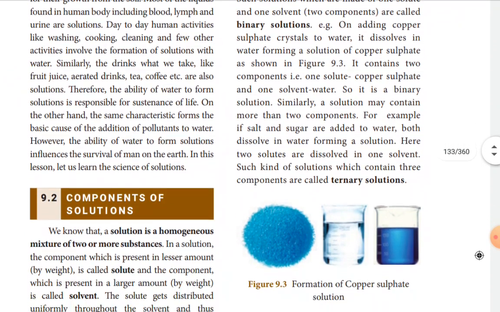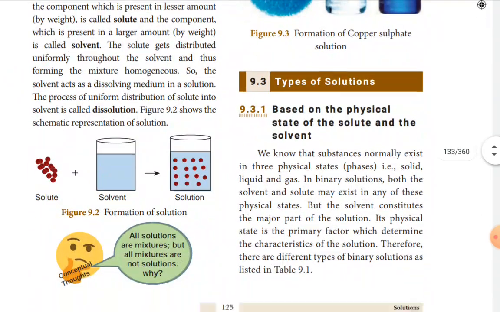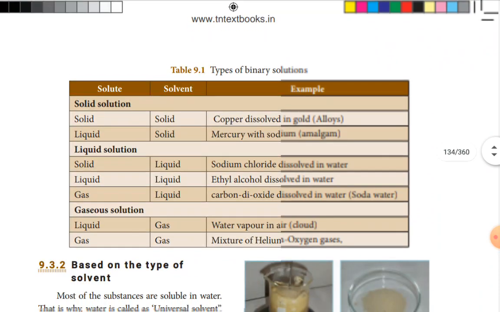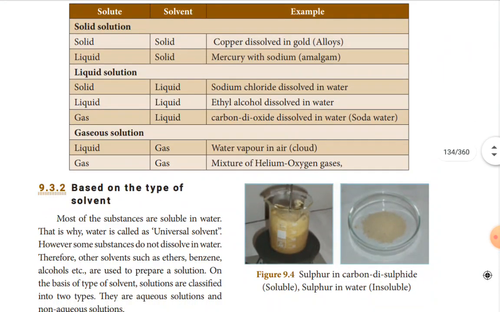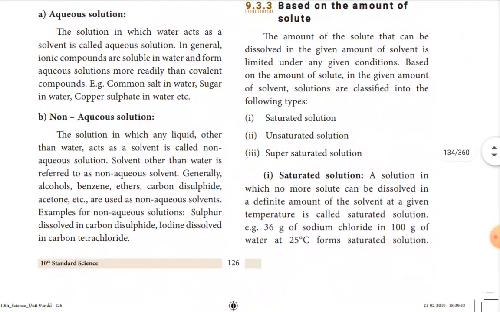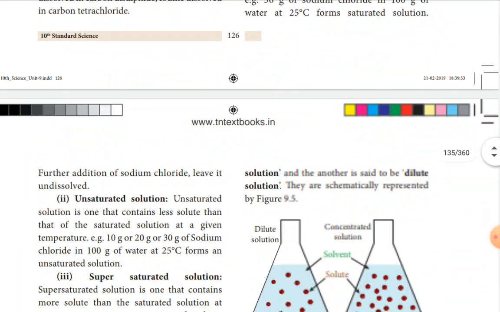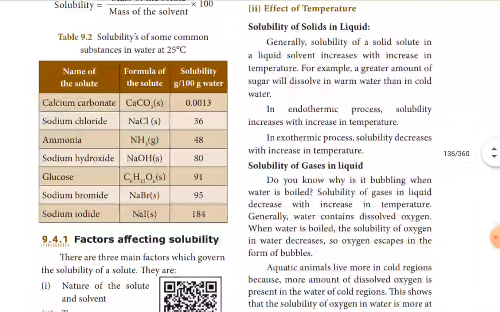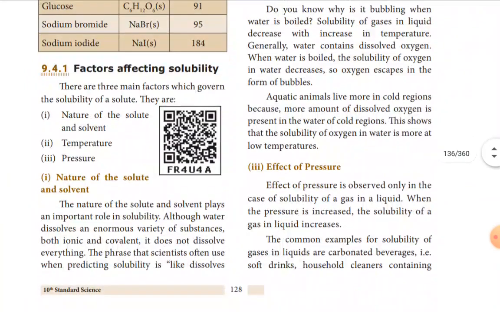And also what is homogeneous and heterogeneous. Then here, what is aqueous solution, and the effect of pressure. There are three factors which affect the solubility: nature of the solute and solvent, temperature, and pressure.